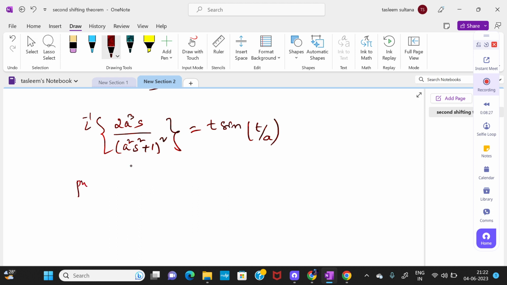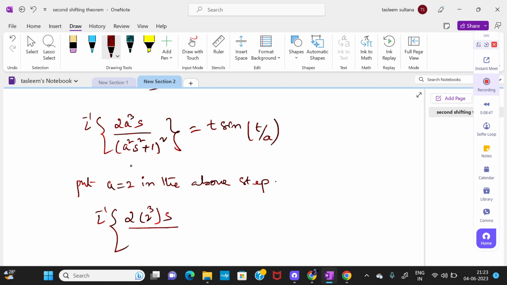Put a equal to 2 in the above step: L inverse of 2 into 2 whole cube s divided by... but we are getting something different, no?